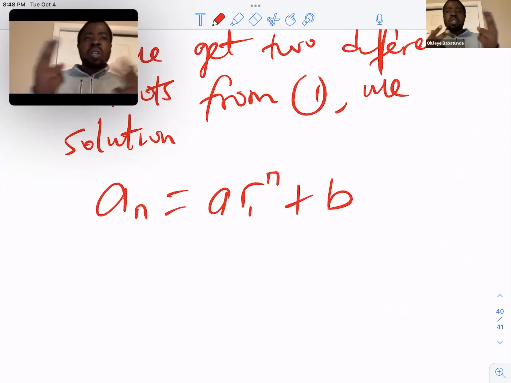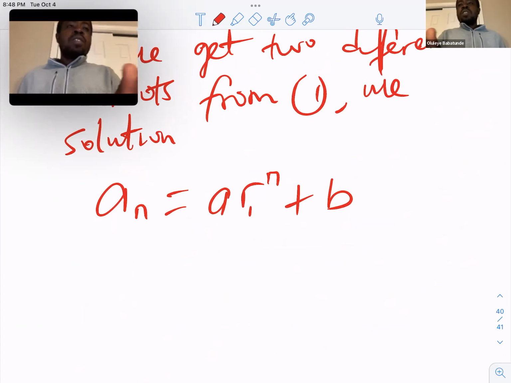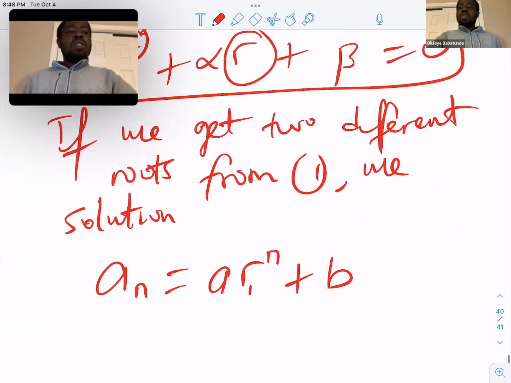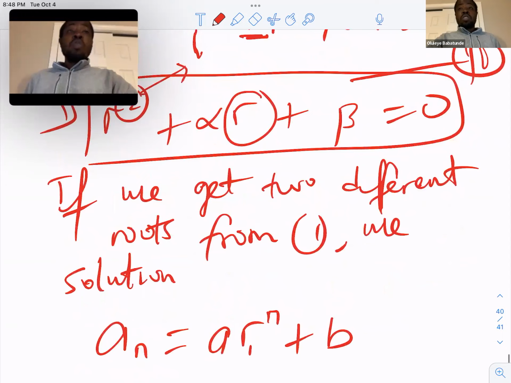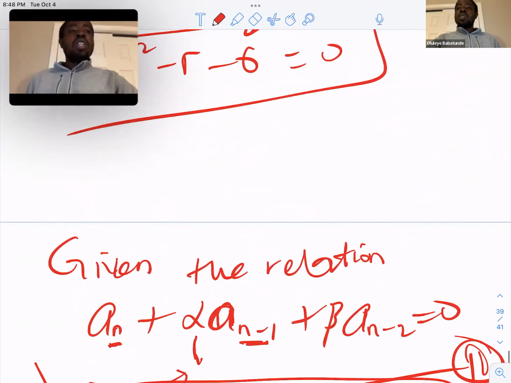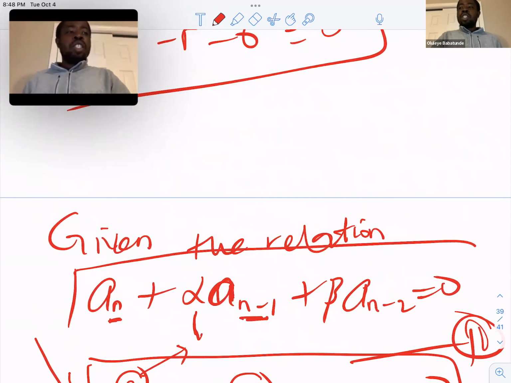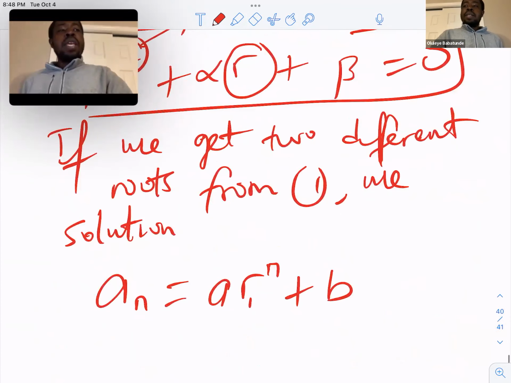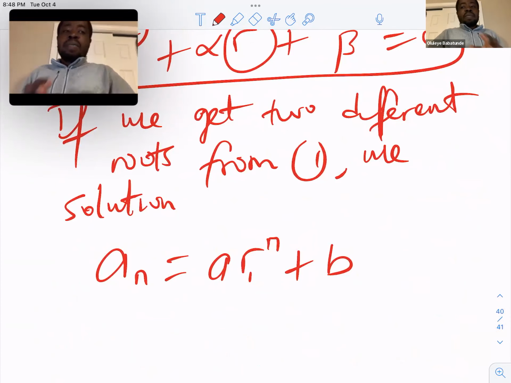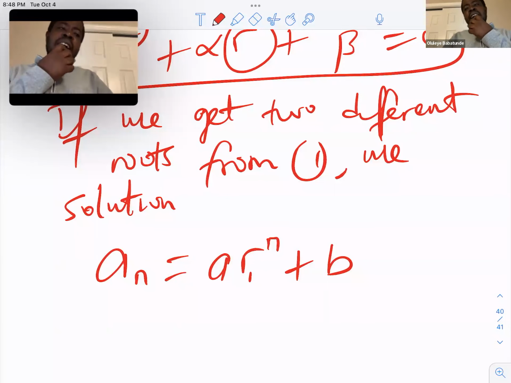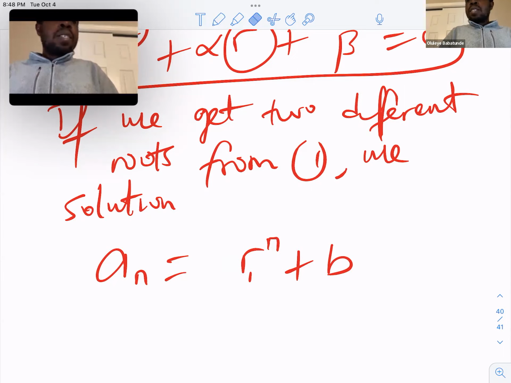So if the roots are distinct, then the solution to this recurrence relation will be this. a_n equals, let me use uppercase A, r1 to the n plus B, r2 to the n.